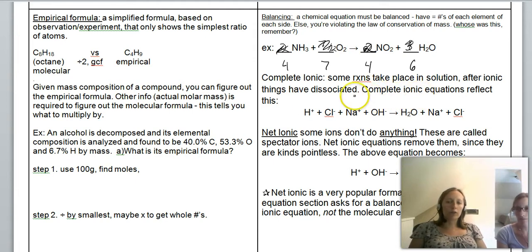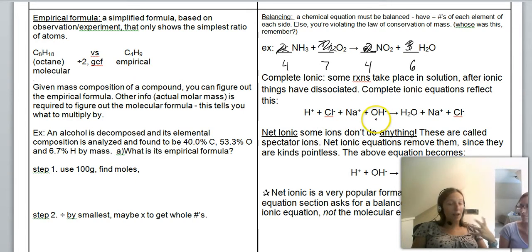So the very familiar hydrochloric acid neutralized by sodium hydroxide is written this way, which is kind of funky, but it makes sense because in the aqueous solution they have dissociated. Hydrochloric acid is a strong electrolyte, it dissociates 100%. So really what you've got is hydrogen ions and chloride ions and sodium ions and hydroxide ions.